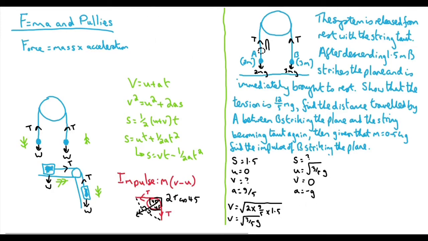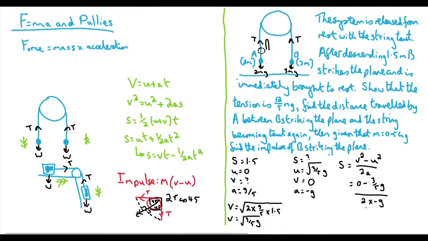So we're once again going to employ the same Suvat equation, but we're going to have to rearrange it slightly differently here. So we're going to have to say that s is going to be v squared minus u squared over 2a, which in this case is going to be 0 minus, and this squared is just going to get rid of the square root, so it's going to be over 3/5 g over 2 times the minus g.